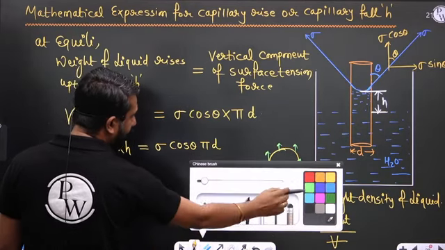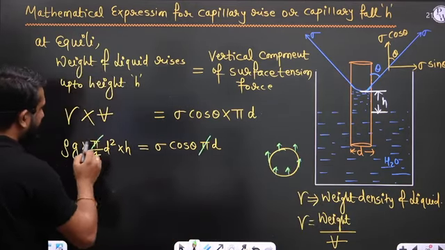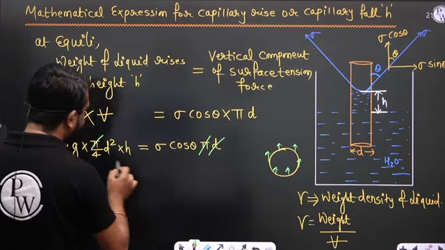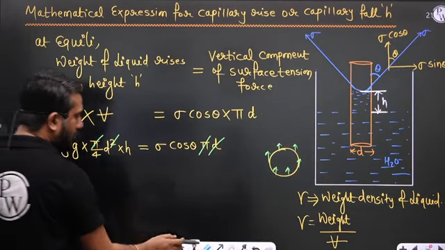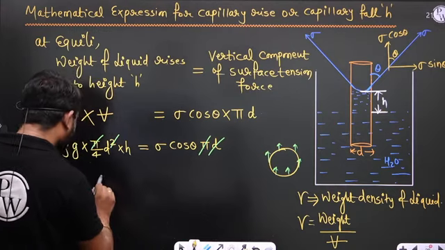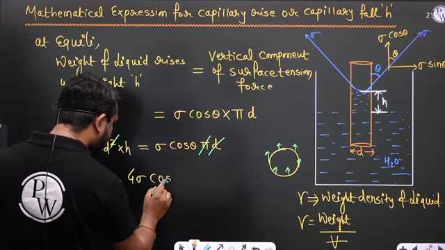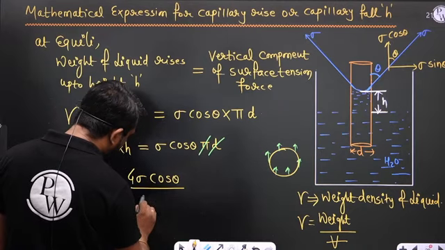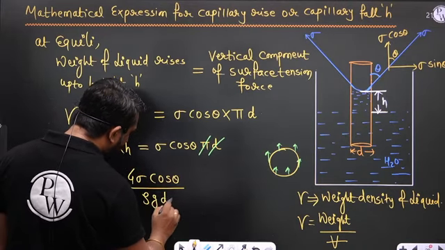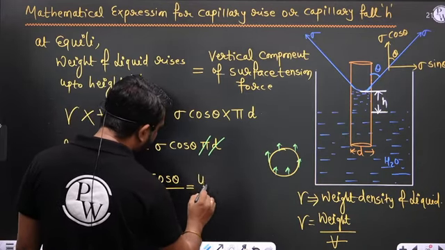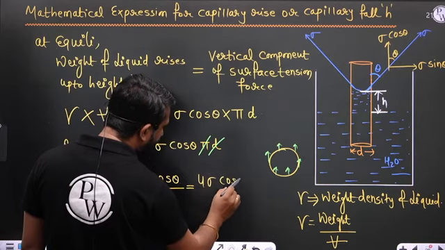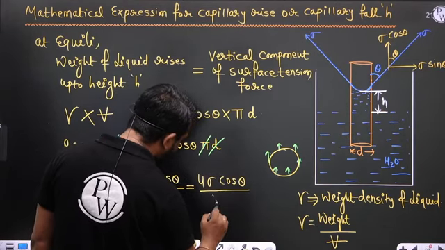Now pi cancels out, d cancels out. So ultimately h is equal to 4 sigma cos theta divided by rho g d, or 4 sigma cos theta divided by gamma into d.